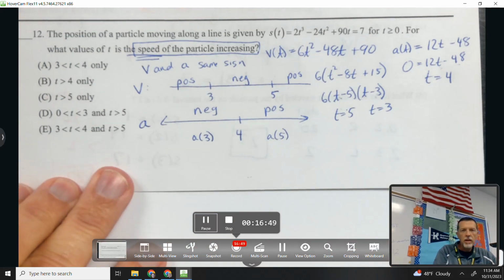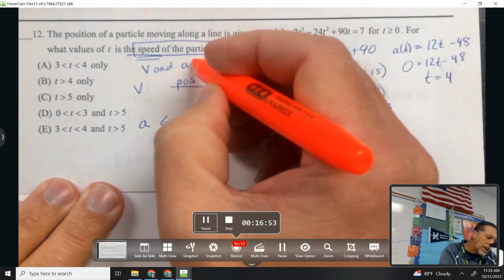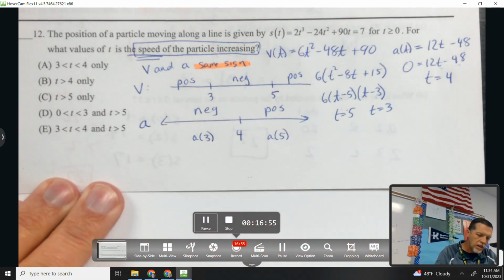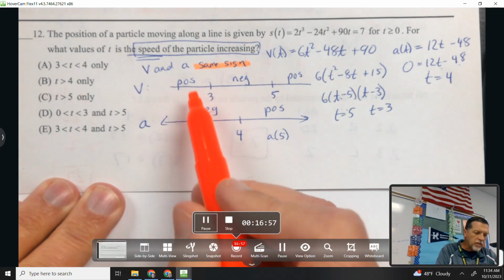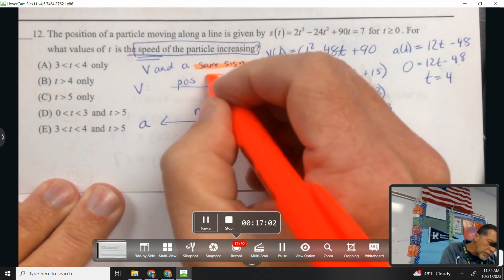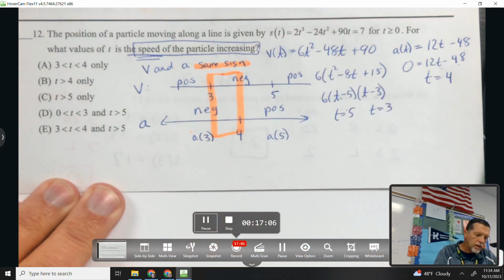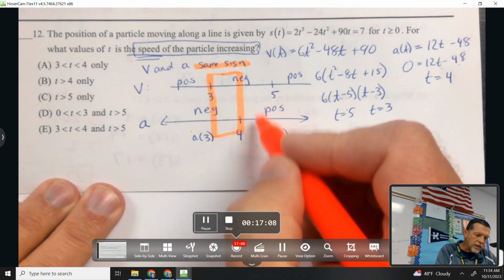Okay, what was I looking for here? Speed increasing, V and A have the same sign. So let's see, they start out different signs. And then right here, they're both negative. So from 3 to 4. And then it's negative positive from 4 to 5.